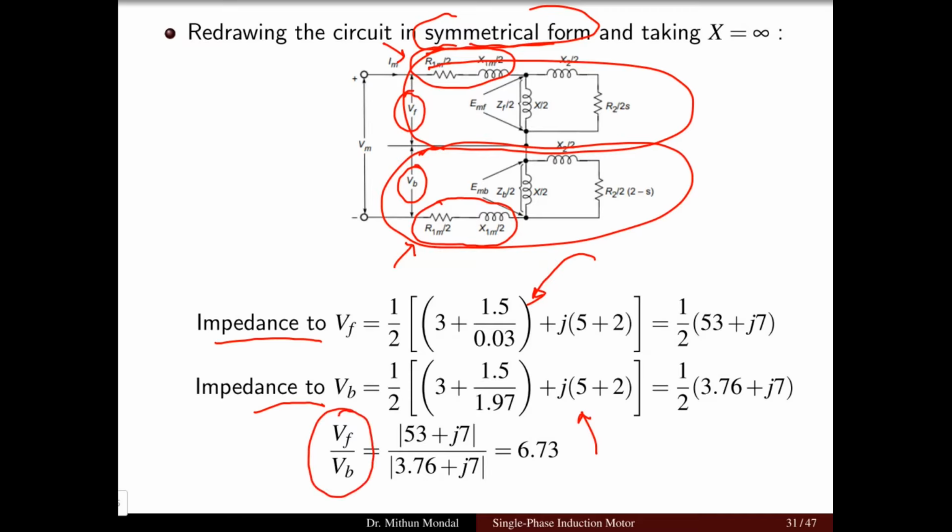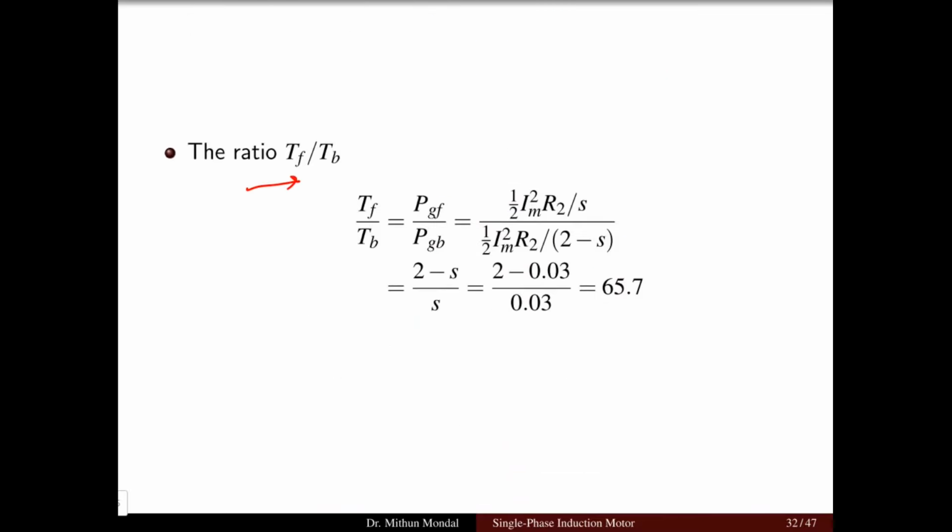In the previous part, we calculated up to this part, which is EMF and EMB, but now we have to calculate here VF and VB, taking the stator into account. So that comes to be 6.73. So the ratio of the torque TF by TB is basically the air gap power equation, PGF by PGB. We know that torque is proportional to the power in the air gap.